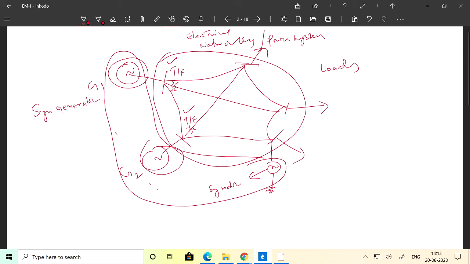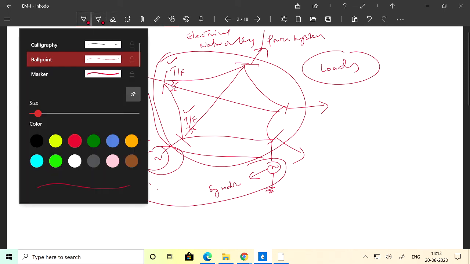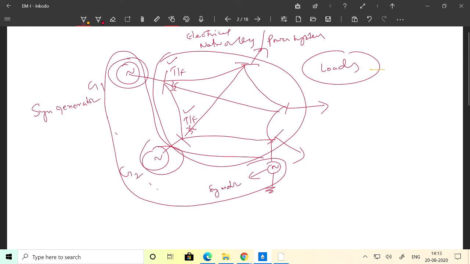Okay, now coming to the load side, you have induction motors and DC generators and DC motors.